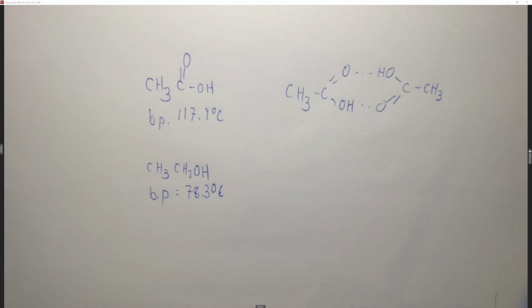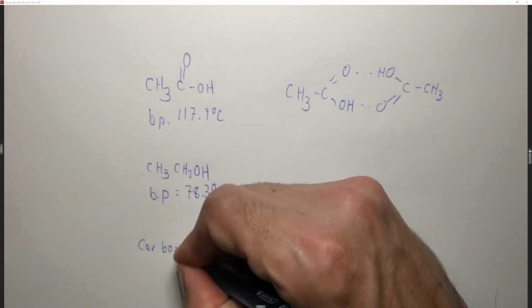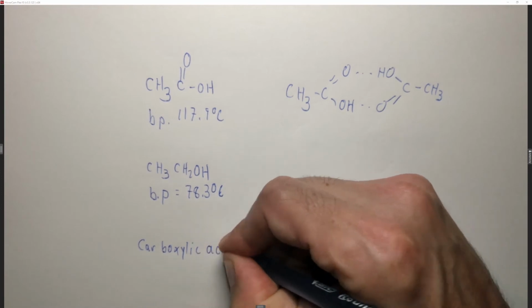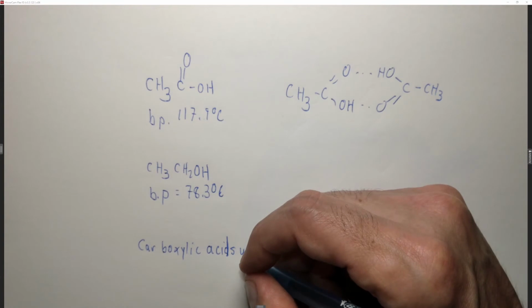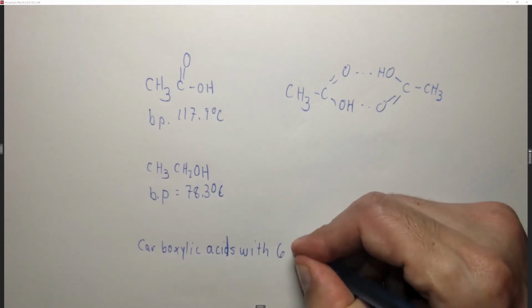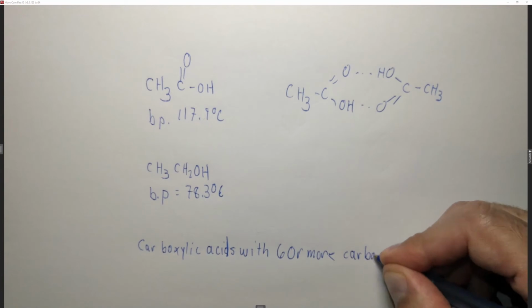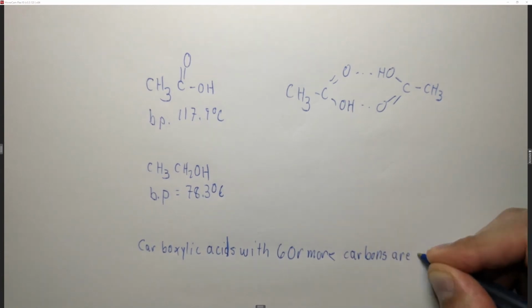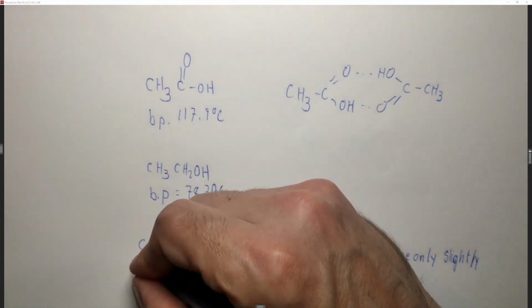When it comes to the solubility of carboxylic acids, generally carboxylic acids with 6 or more carbons are only slightly soluble in water.